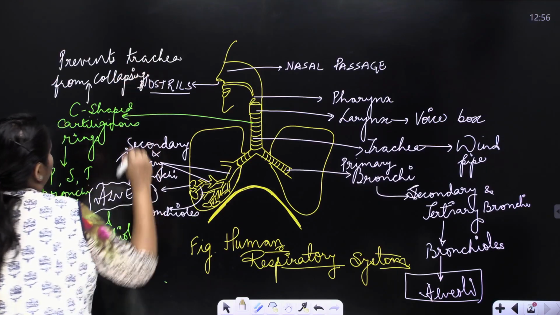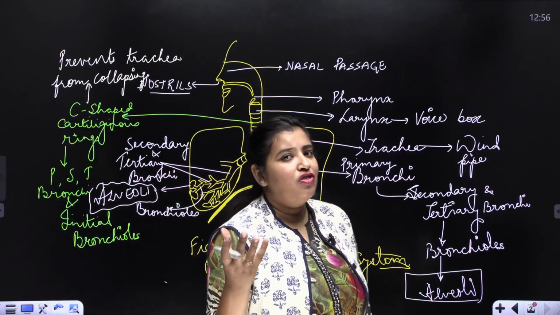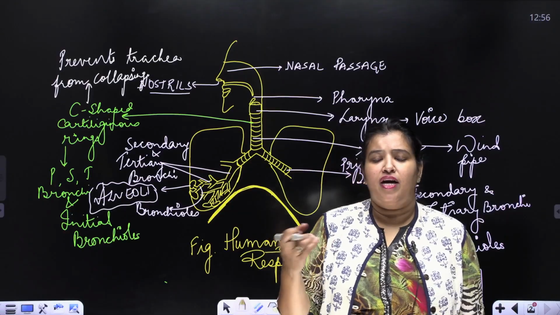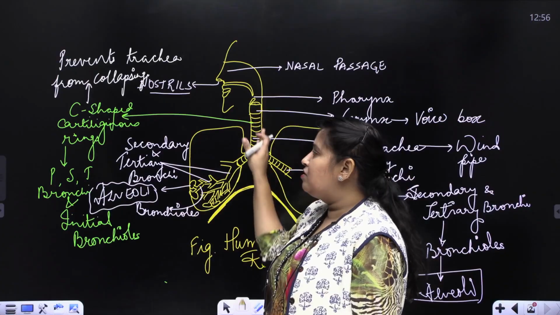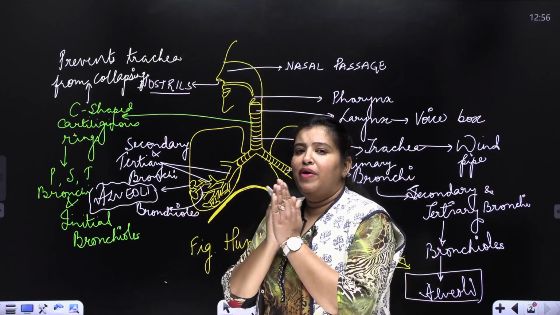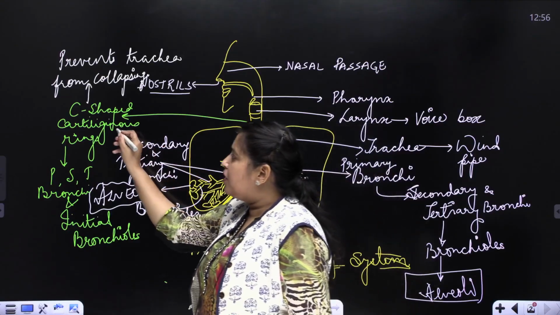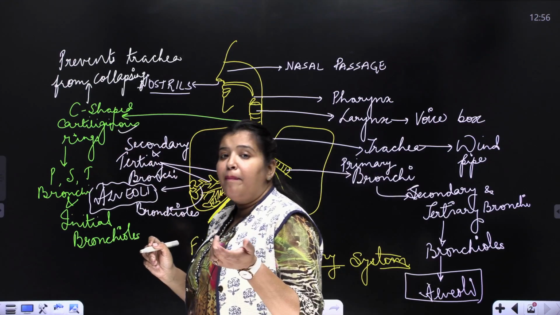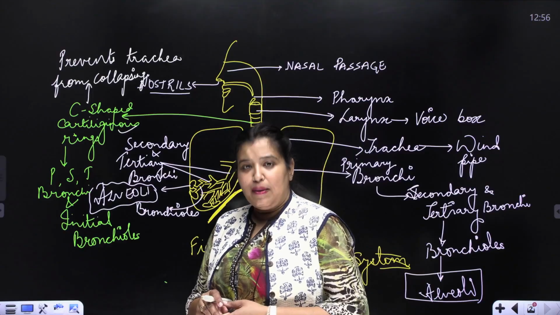They prevent the trachea from collapsing when air is not present in the respiratory tract. When we are exhaling, at that time, no air is present in the trachea, so the membranes might get stuck. For that purpose, the C-shaped or incomplete cartilaginous rings prevent the trachea from collapsing.